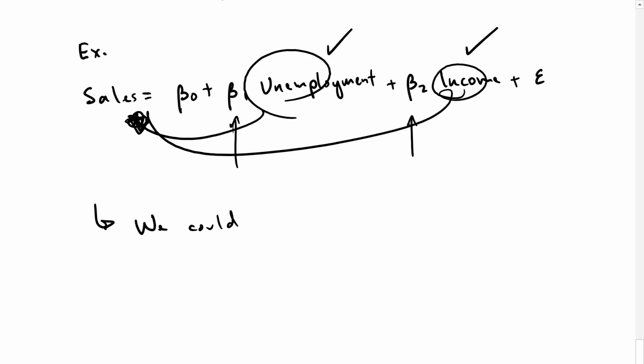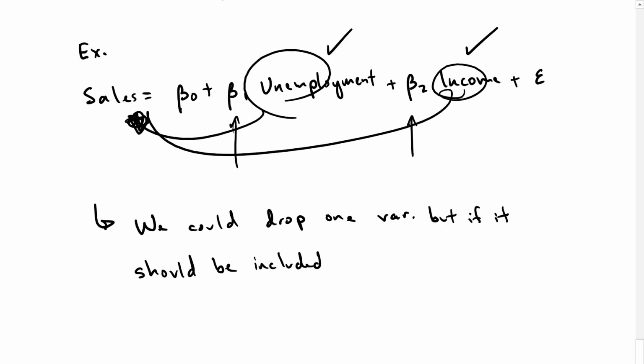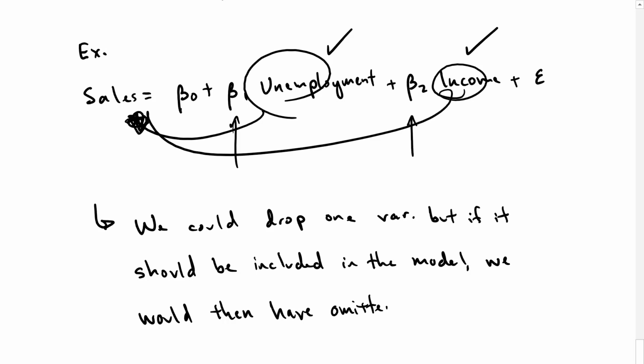We could drop one variable, but if it should be included in the model, that is, if we dropped it, we would then have omitted variable bias.